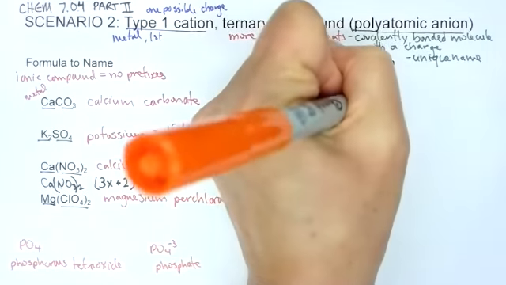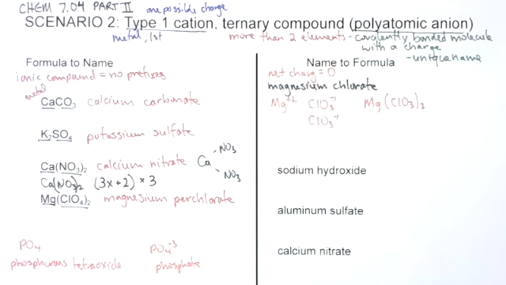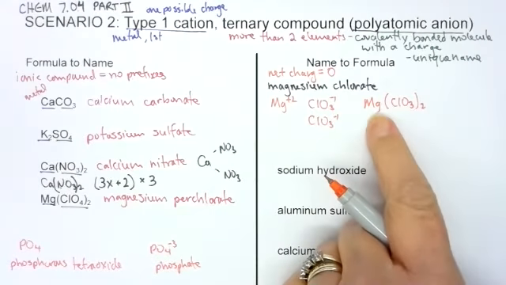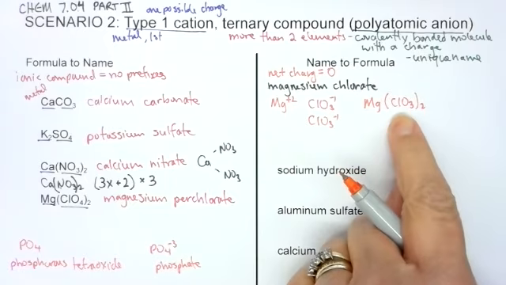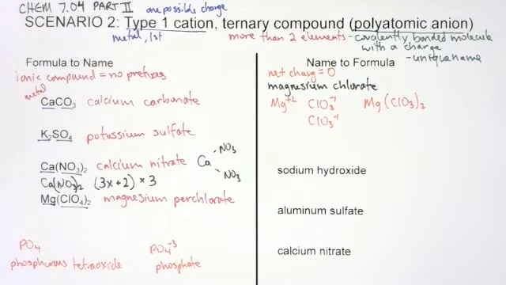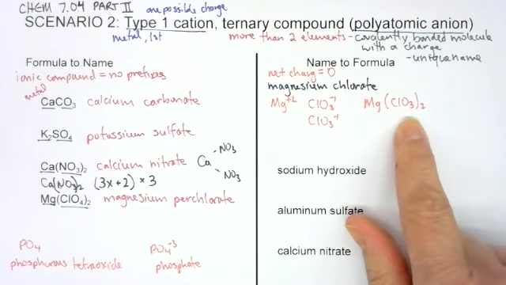So my formula would be Mg, and I have to do parentheses, ClO3, 2. Again, if I write it without parentheses, I'd be saying I'd have a magnesium ion, a chloride ion, and 32 oxygen. So you have to have parentheses. Also notice there are no charges here. You can't put charges in your final compound formula.